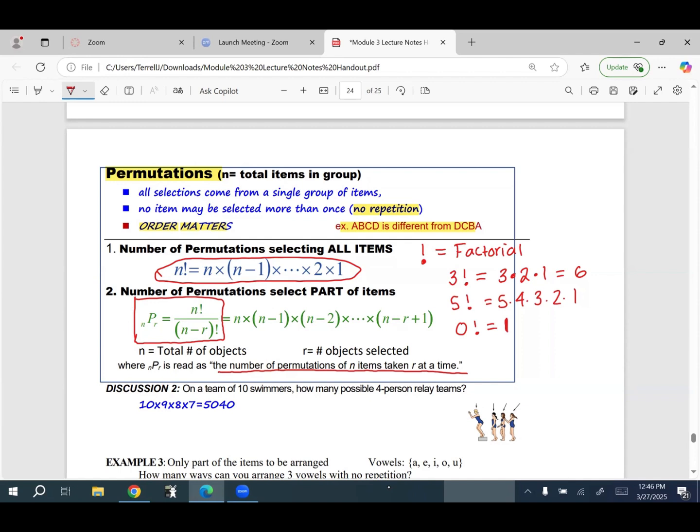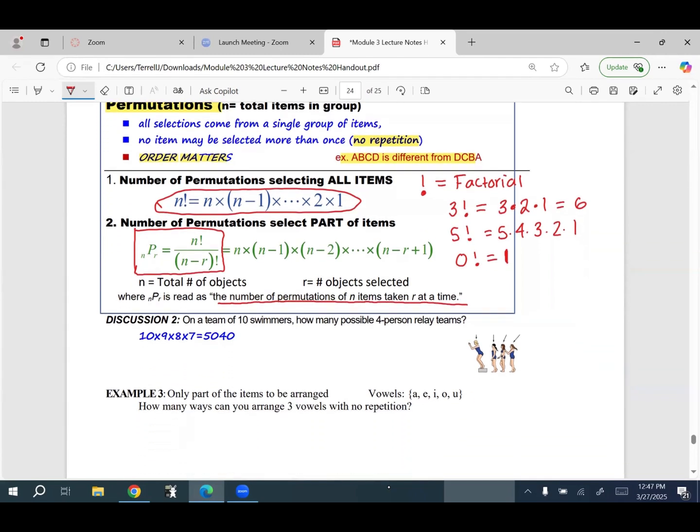So, with the knowledge of how we can work a factorial, we will use that to find our permutation. It is n factorial over (n minus r) factorial, that's in parentheses, so I have to do that subtraction first with the factorial.